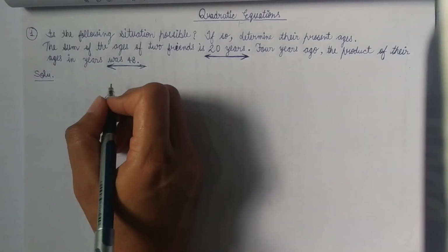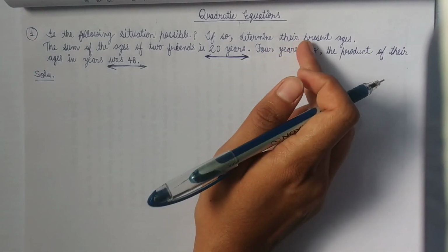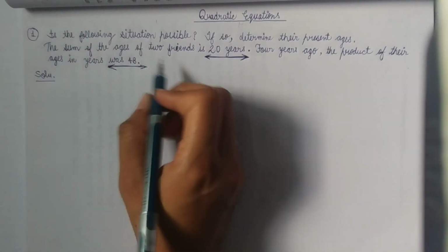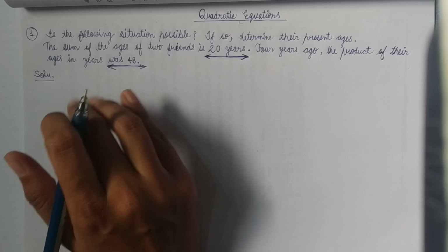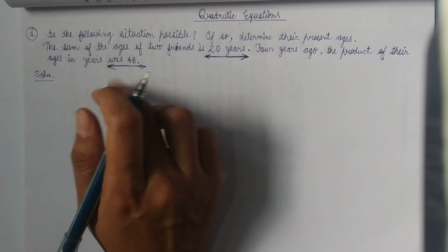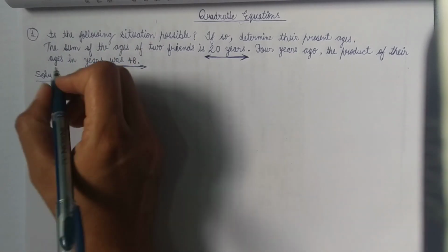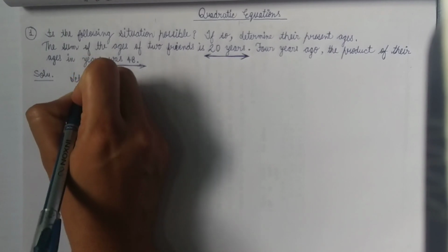So firstly, we will consider their present ages. We have 2 friends, so firstly we will consider the first friend's age, then we will consider the second one.